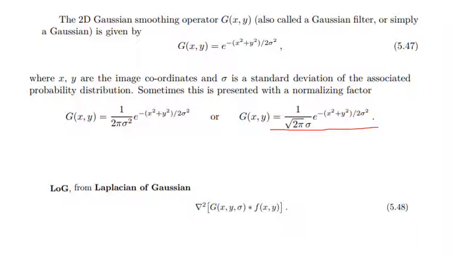So sigma is proportional to the size of the neighborhood on which the filter operates. Pixels more distant from the center have smaller influence. Pixels farther than 3 sigma from the center have negligible influence. Pixels in the neighborhood close to the center pixel have more influence, that is, the deviation is less.